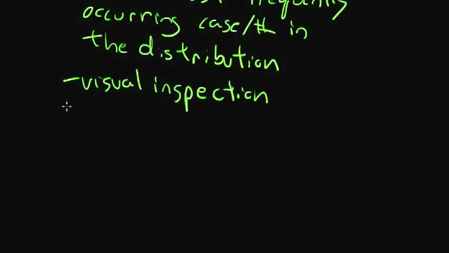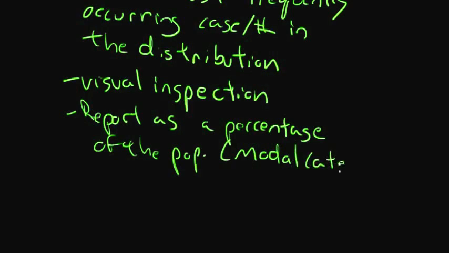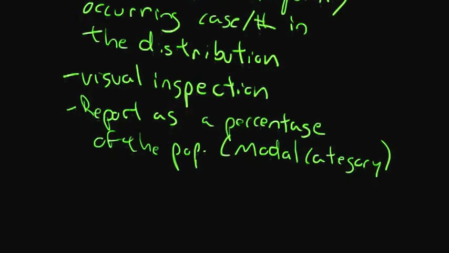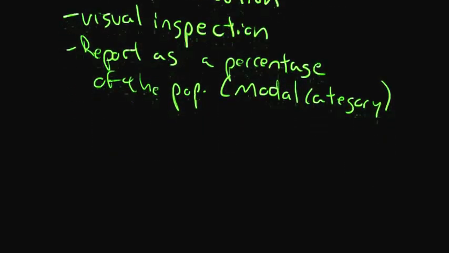But do keep in mind, when we figure out what the mode is, we also report it as a percentage of the population. We call this the modal category. And the way we do that is by this nice little equation.